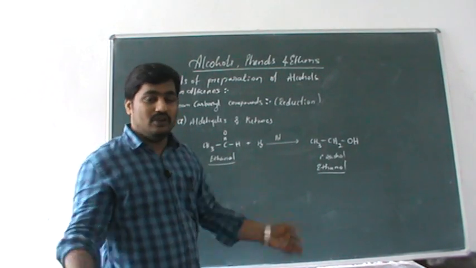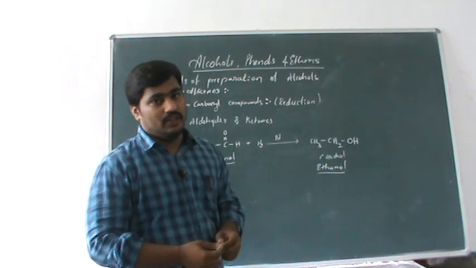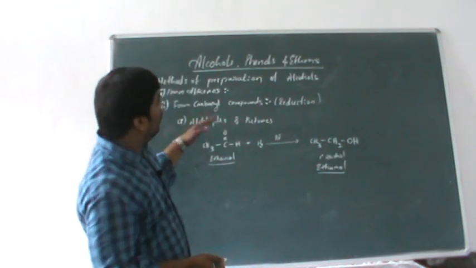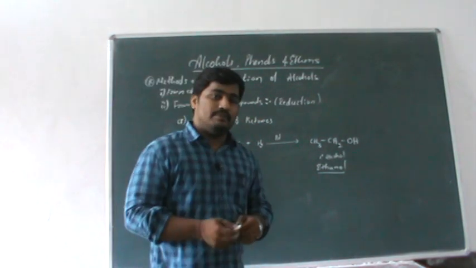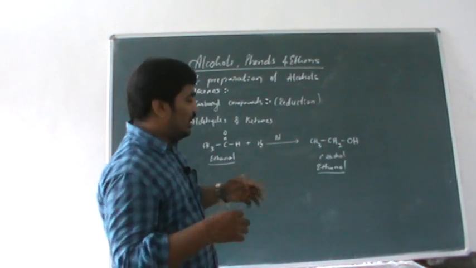Then we get confused because you are studying a lot of things under chemistry: halogens, alcohols, phenols, ethers, then aldehydes, ketones, carboxylic acids, and amines.